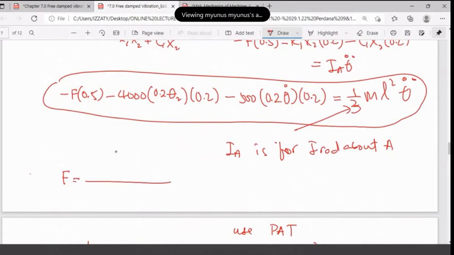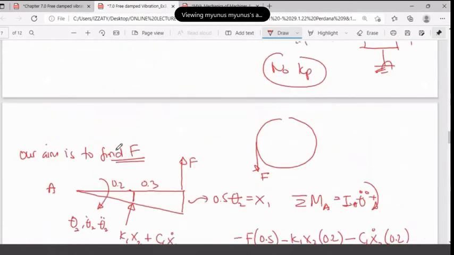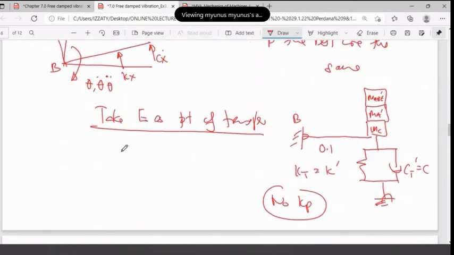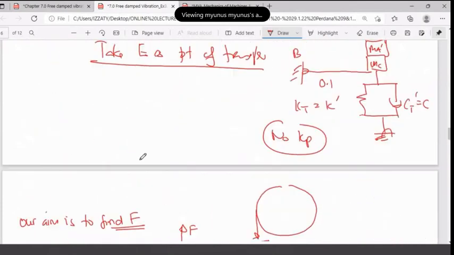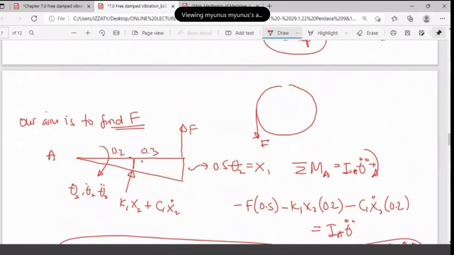Then you do another one. Now you're focusing on this here, up here. You display this now: theta 1 dot plus theta 1 double dot.